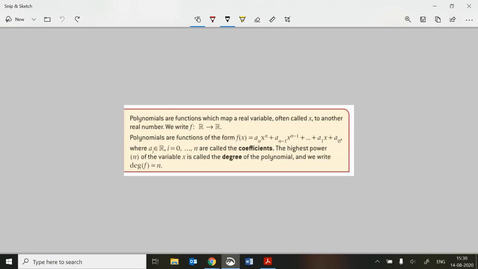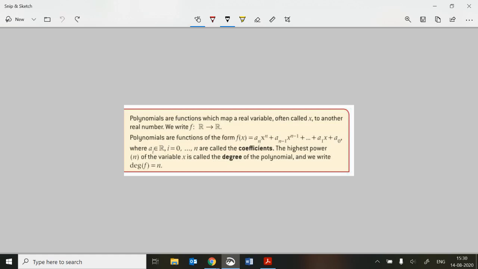And we're ending up with a0, so we're just ending up with a constant term. Now, it could be that all of these a1, a0, all the way up to an minus 1, they could be 0, but with a polynomial of degree n, you'd have to have the first term being non-zero.